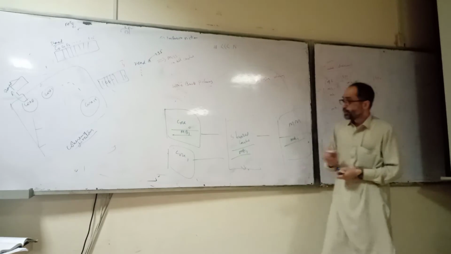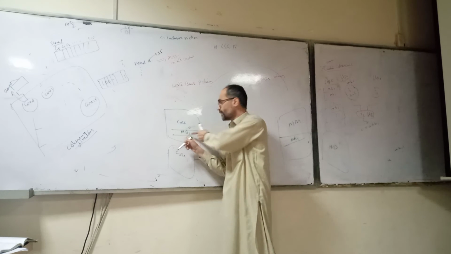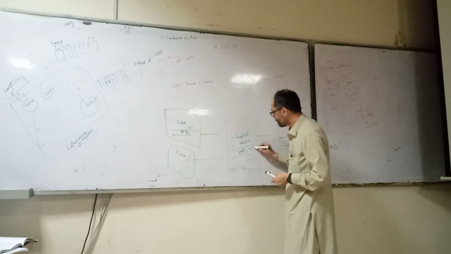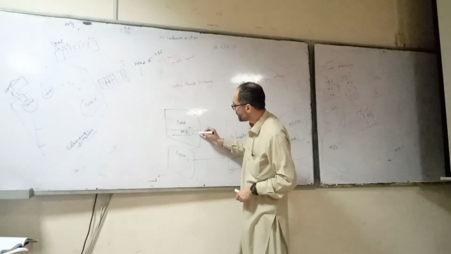The problem exists when this core modifies this data. So let's assume the value of this MBJ is initially 5. And after that, sometime this core updates it and this is 9.